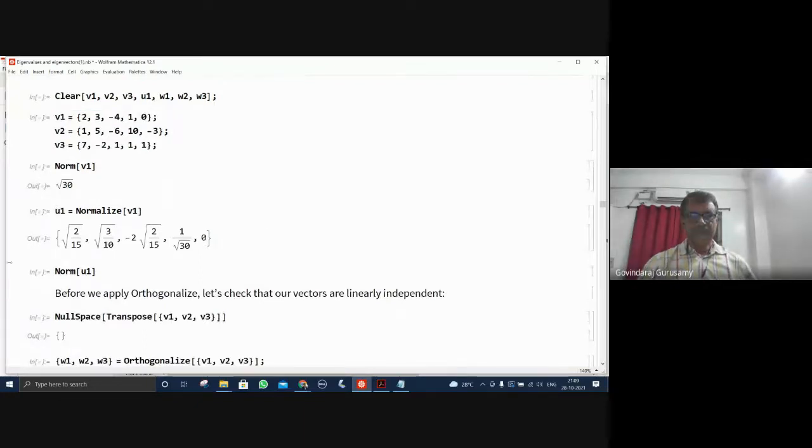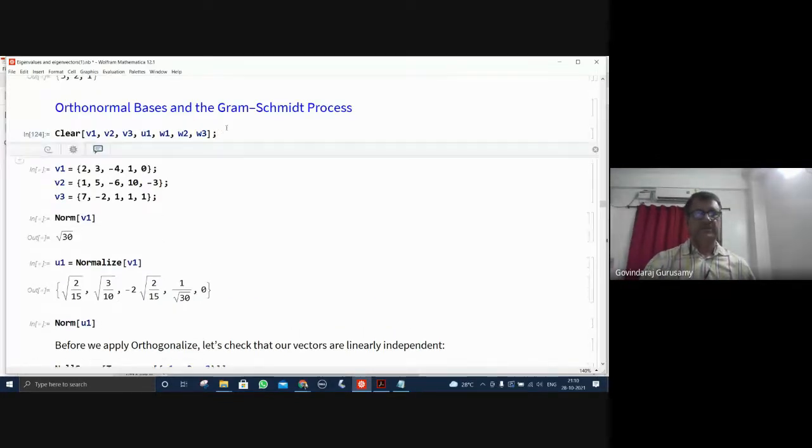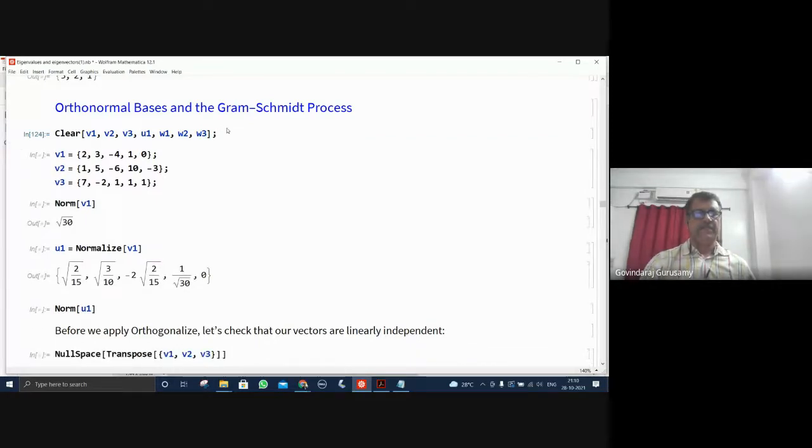Now, you can normalize these vectors, what you have here, 2, 3, 4, minus 4, 1, 0. That is being normalized, which means if I take u1 dot u1, or you can find the norm value of u1. This is the vectors v1, v2, v3 here.